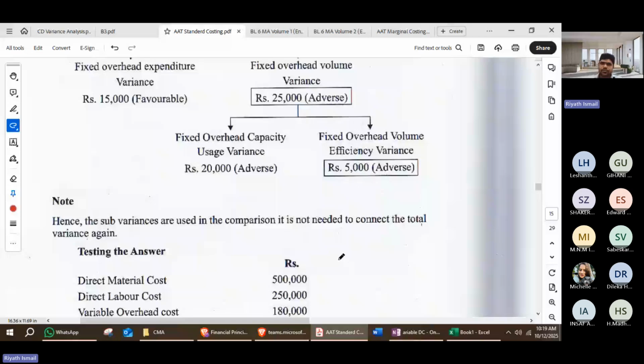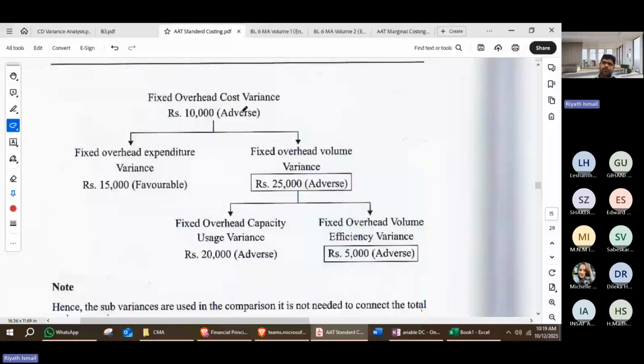You see the root causes of this fixed overhead cost variance. The 10,000 adverse may arise due to the fixed overhead expenditure variance, which is favorable, and the fixed overhead volume variance, which is adverse.